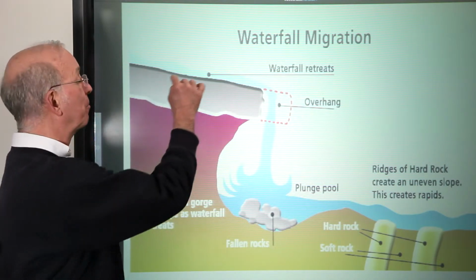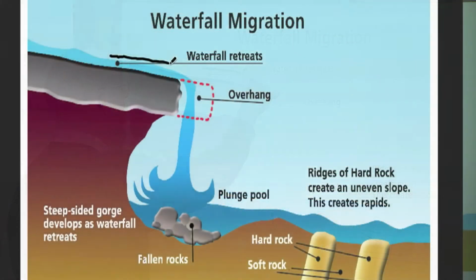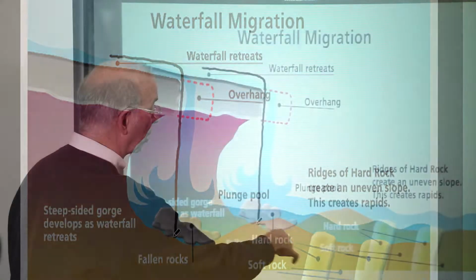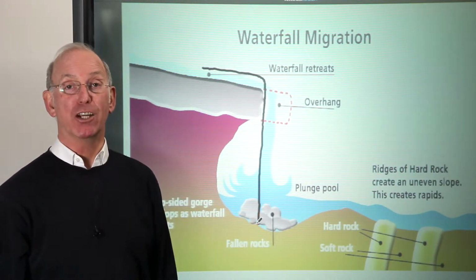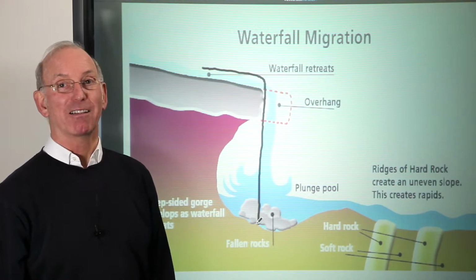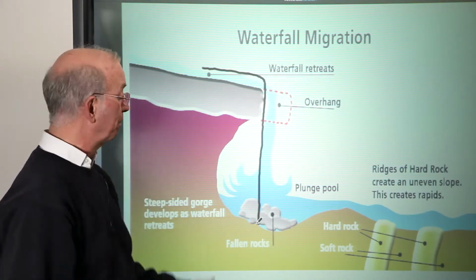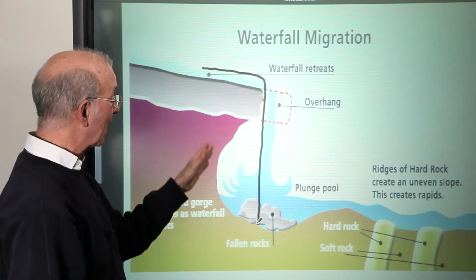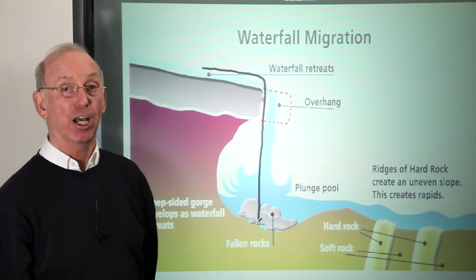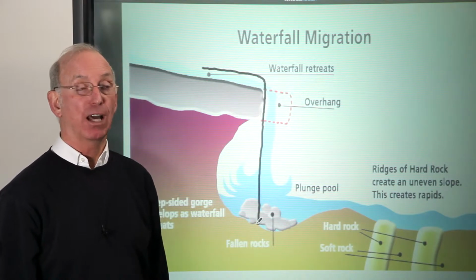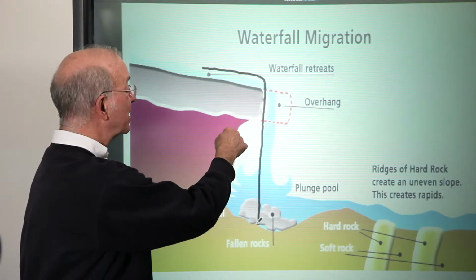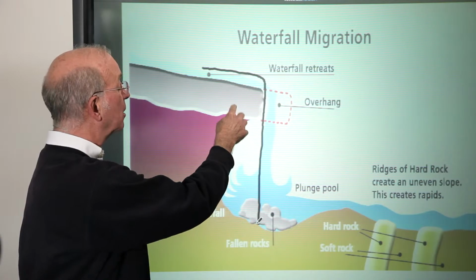Let's examine water coming to the edge of the waterfall, the lip, crashing down into the plunge pool. This is where you have your corrasion. This is damage to the river bed. Water will splash back onto the shale and you'll have some hydraulic action and a little bit of solution there. But eventually this area will be undercut.